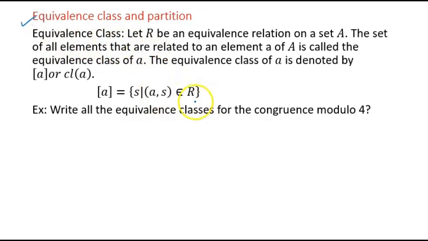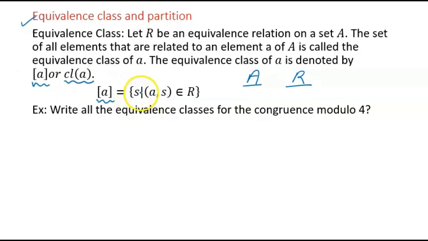Okay. Now let us talk about a very important idea, the equivalence class, and how the equivalence class is defined. So the equivalence class is actually related to an equivalence relation. Suppose we have a set A, and on this set A, suppose a relation R is defined. So the class of an element a is represented by this symbol or by this symbol, class of a.